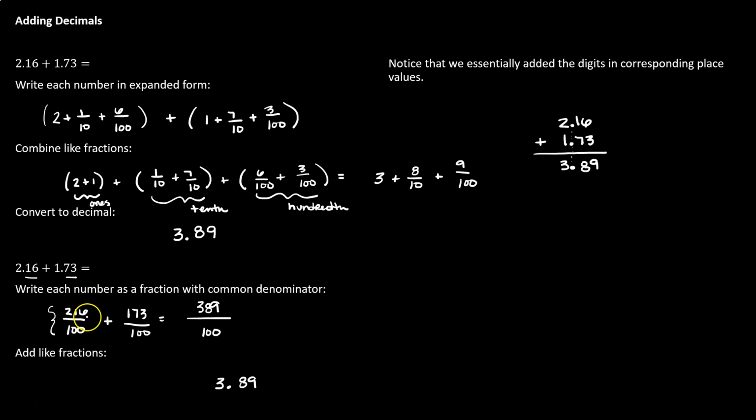What we kind of did was add the numerators together as if they were regular whole numbers. Notice we don't have 2.16 in the numerator, we have what looks like 216. And since we know how to add whole numbers, we were able to add our numerator straight across, and then we considered the denominator afterwards.